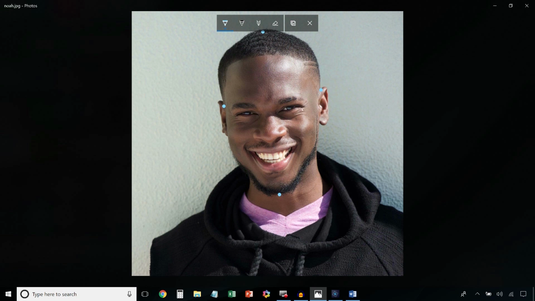We can put 4 points to signify where the corners of the eyes are. Now you have to remember, there's some overlap here with Noah's eyes. So we need to decide: are we putting our points at the very corner of the white of the eye, or at the very corner of the eye altogether, past the overlap?